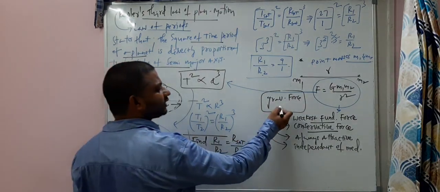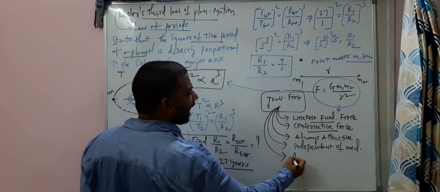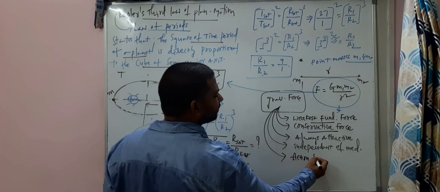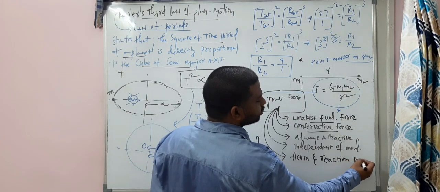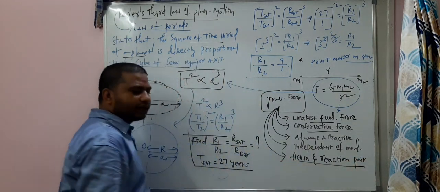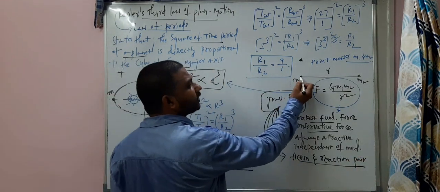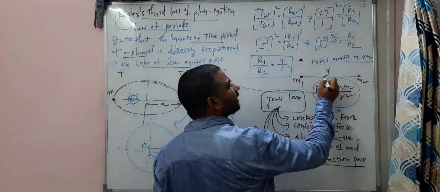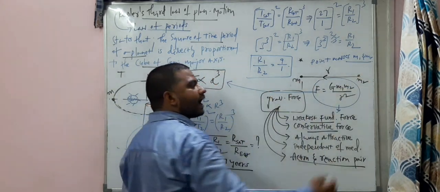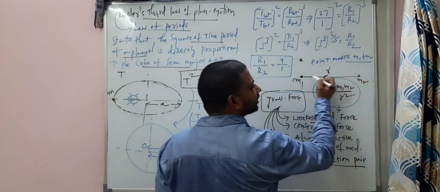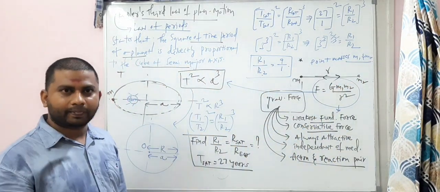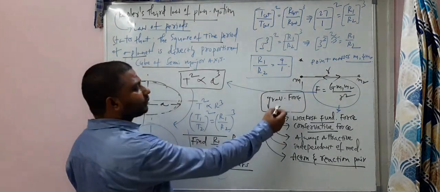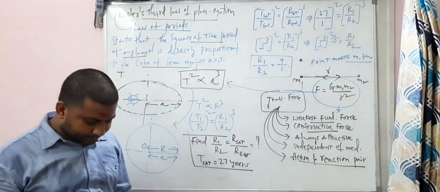And these gravitational forces are an action and reaction pair, my dear students. What is this action and reaction pair? Look here. The body of mass m1 will attract m2 in this direction, and m2 will attract m1 in this direction. See, action reaction forces, right? So these are the properties of gravitational forces.